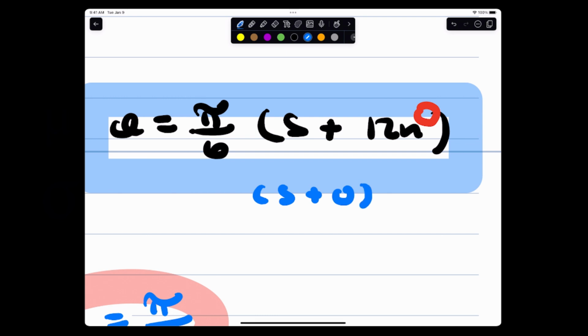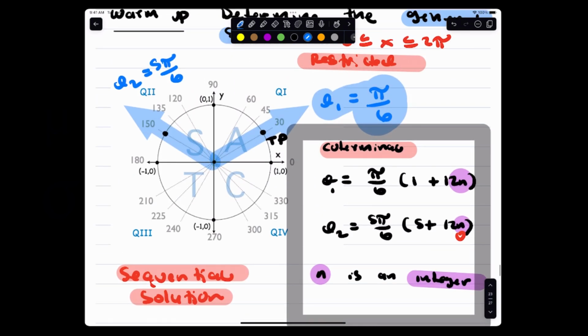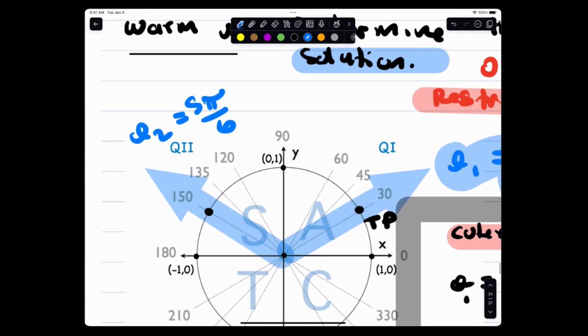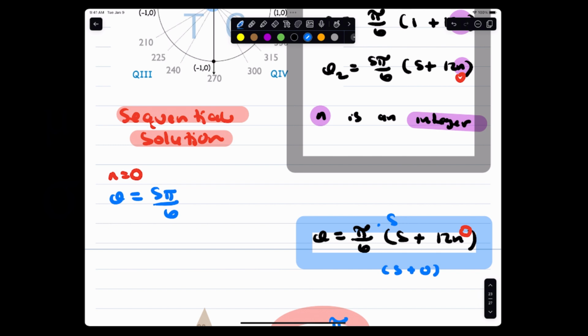What's 5 plus 0? 5. So then what's 5 times pi over 6? 5 pi over 6. That's exactly what you had up here. So you always start with that particular value when n is 0. It'll always happen. So this is how we get the 5 pi over 6.